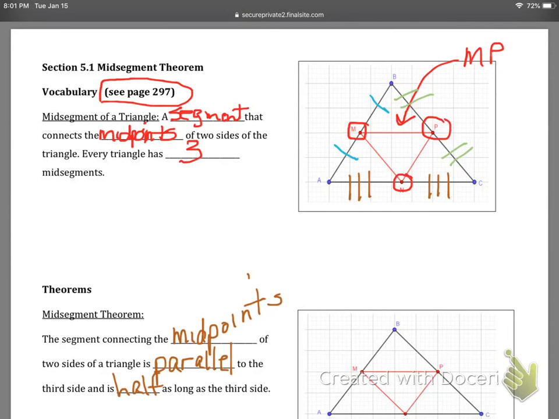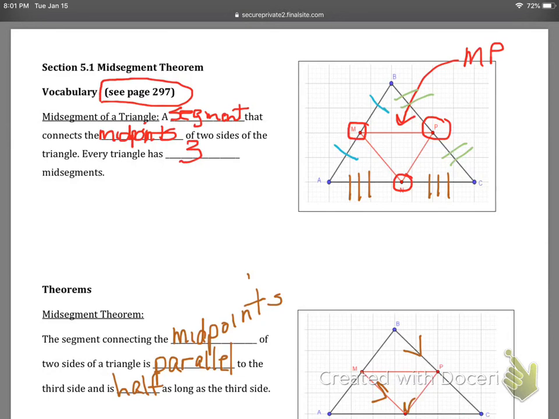Okay, so let's work with MN and know that this is an N right here. If you know, for example, that MN is a mid-segment, then we know that mid-segment MN is parallel to segment BC.